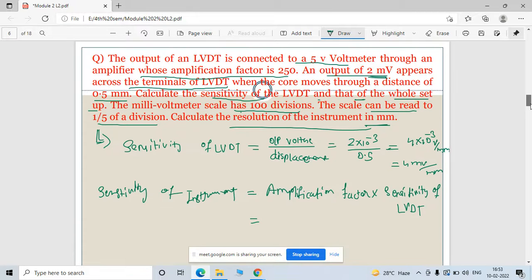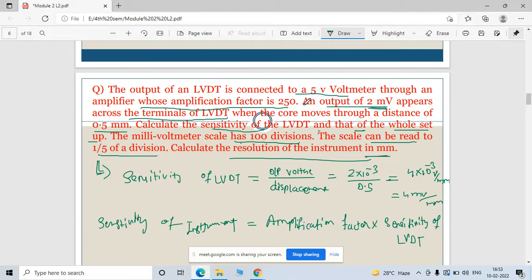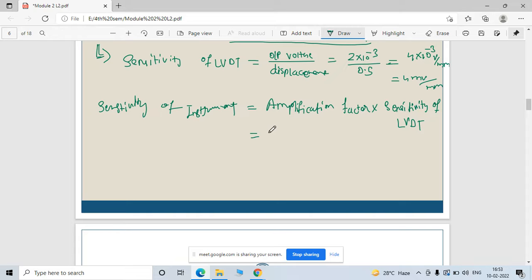So what is the amplification factor here? Amplification factor is 250. So multiply this 250 with your sensitivity of 4 millivolt. So 250 multiplied by 4, what is that?